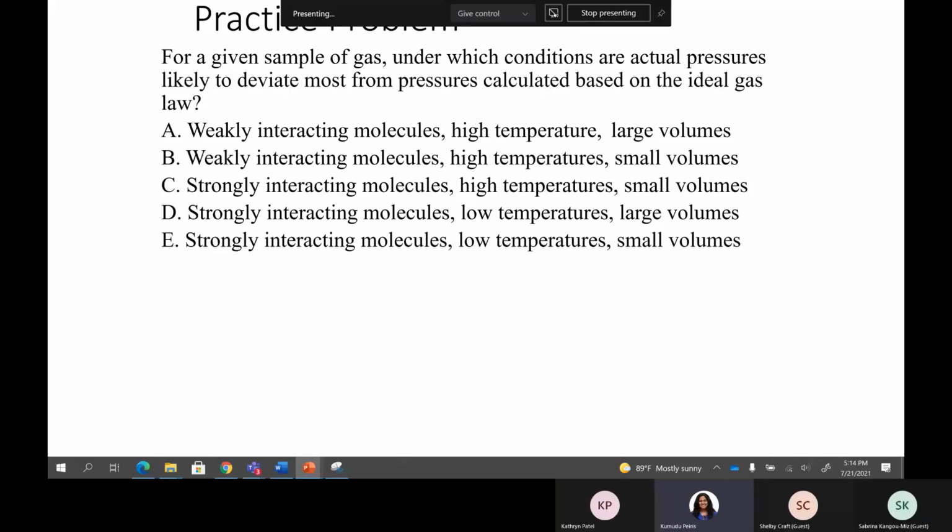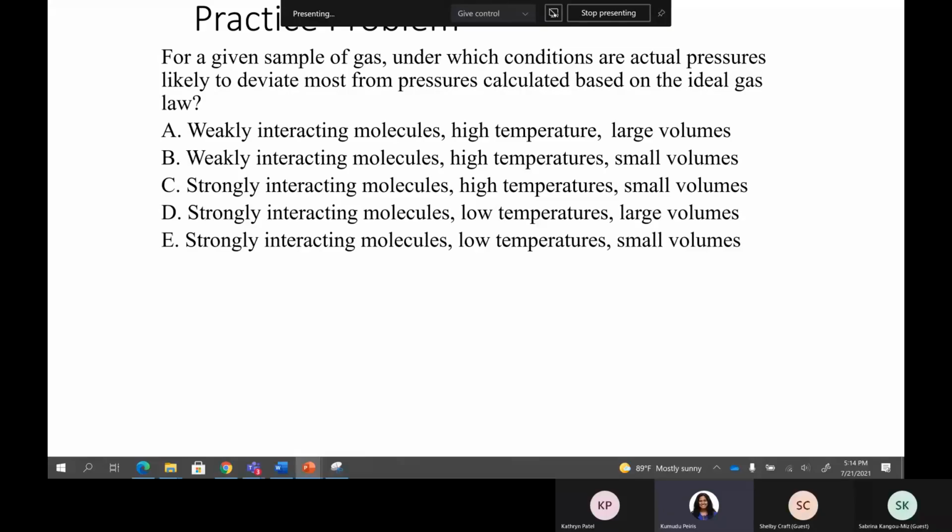For a given sample of gas, under which conditions are actual pressures likely to deviate most from pressures calculated based on the ideal gas law? When we are doing the calculations, we assume all these real gases behave like an ideal gas. But the real gases have molecular interactions, attractions and repulsions.